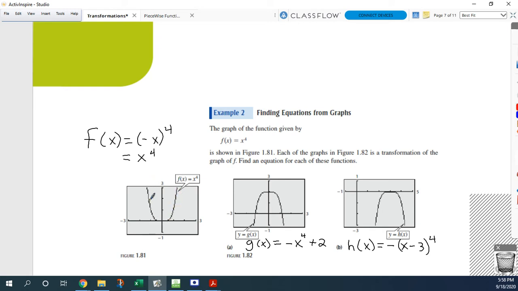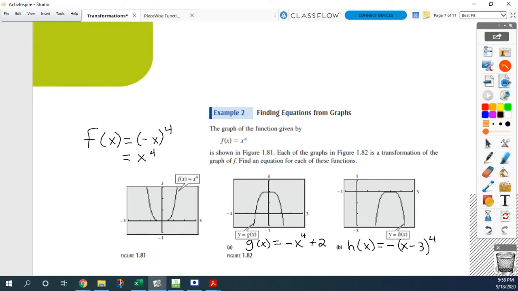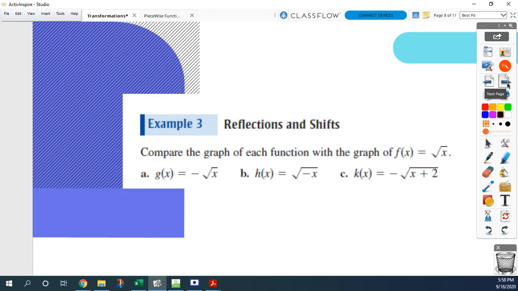So even if I were to flip these two sides, I would end up with the same thing. That's because if I take a negative to the fourth power, I just end up with a positive as well. It's not always going to be the case. Sometimes we'll have things that look a little bit different, like our square root graph, because it is not going to be symmetric.